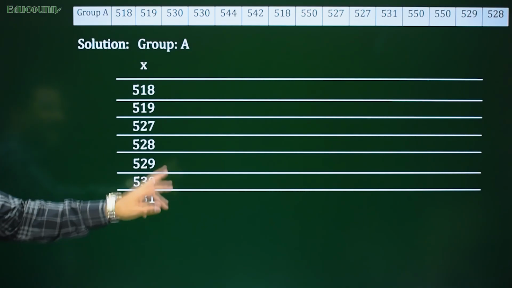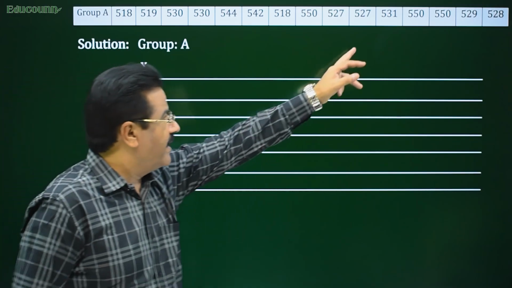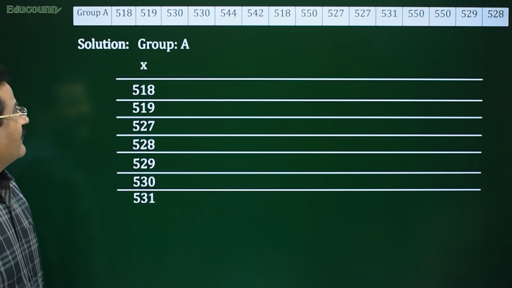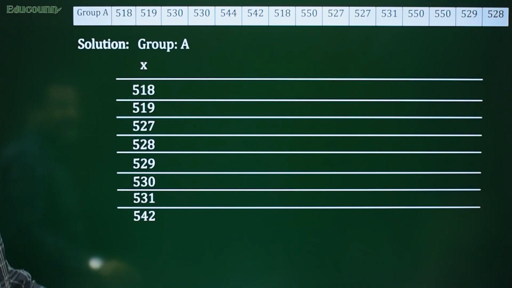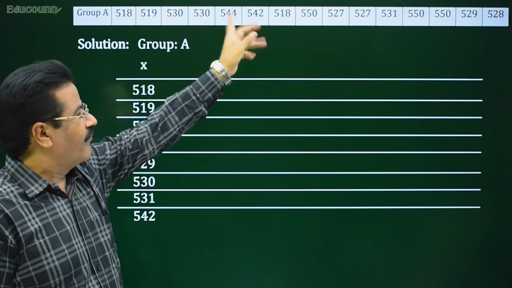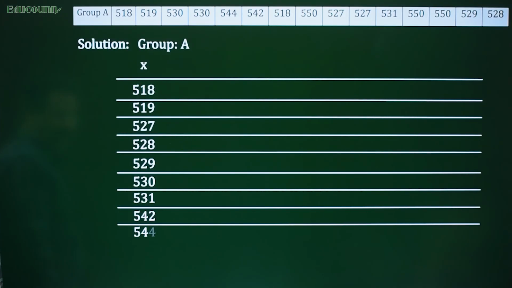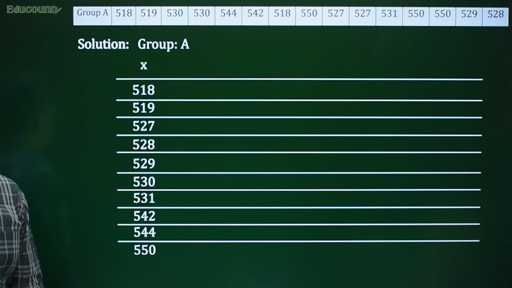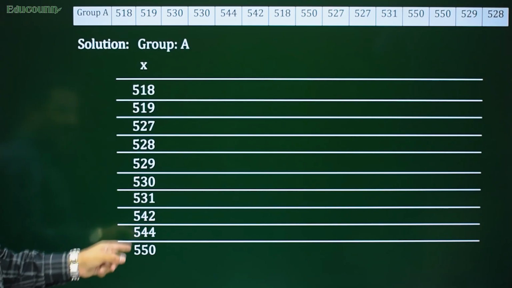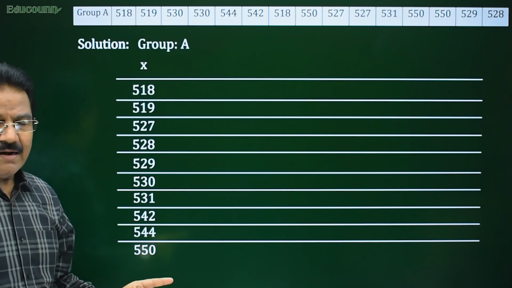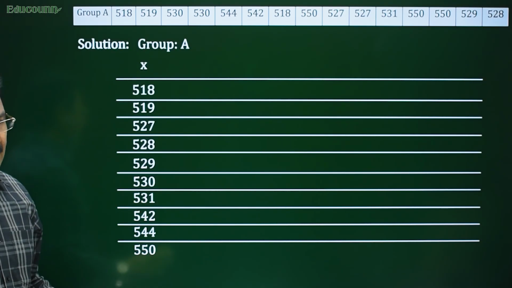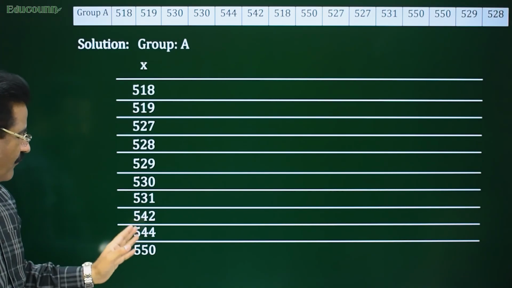After 530, 531 is also there over here, 531. After 531, we can observe that directly we are having 542. After 542, next term is 544. Next term is 550. So these are the values we have written over here in ascending order from 518 to 550.